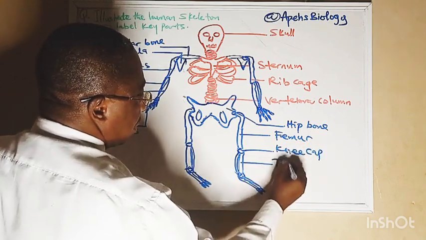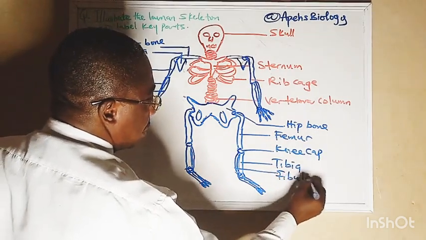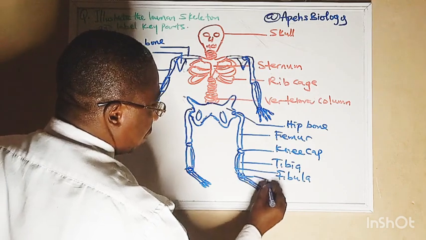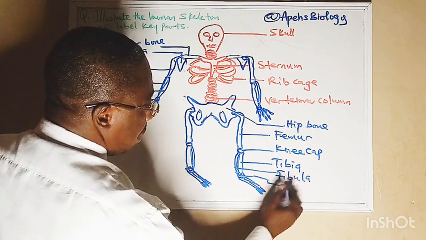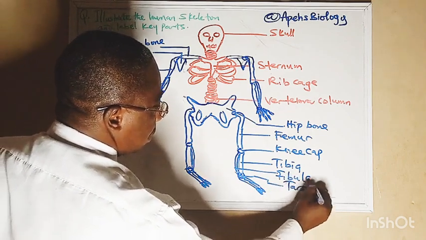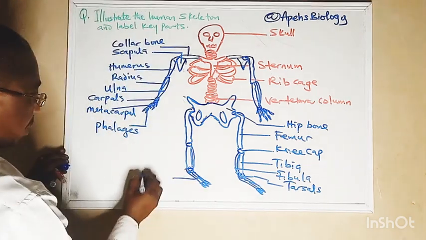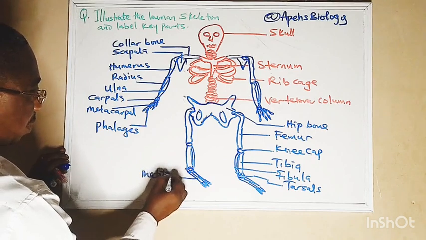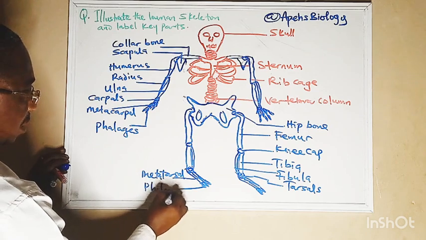This big one is the tibia. The thin one is the fibula, right? And then the bones of the ankle are called the tarsals. The bones of the foot are called the metatarsals. Then the digits here are called phalanges.